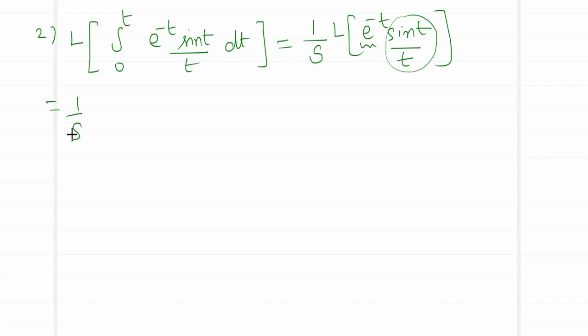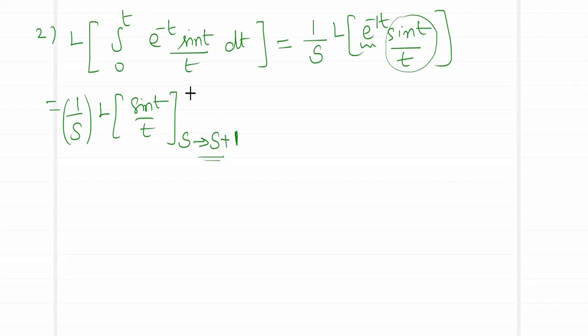So this will lead me to Laplace of sin t by t, and wherever you have s inside this Laplace will be shifted. By how many units? Since it is minus, it will be plus. a is going to be equal to 1. So it is shifted by 1 unit. Notice only the function of s inside this Laplace will be shifted, but this 1 by s, which has already completed the action, and is outside, will not be shifted. So this shift is applicable only for the terms of s inside this Laplace.